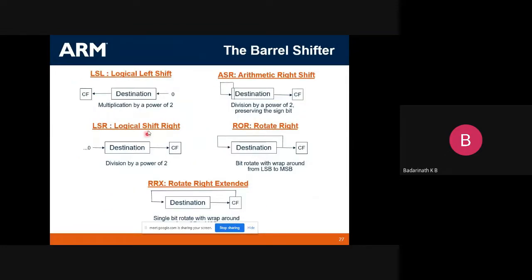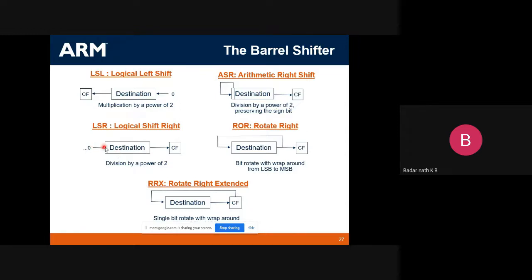Now we have understood the logical left shift. Similarly, you can do logical shift right, and you can try it out in your system with the same method. In a shift right, you are just shifting in the right direction, using the cursor to shift it by however many bits.